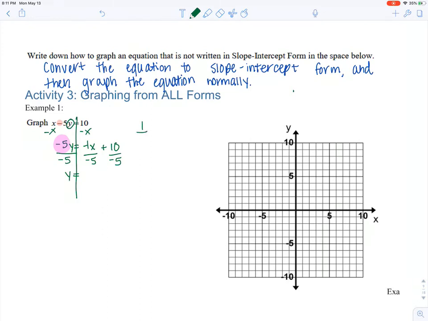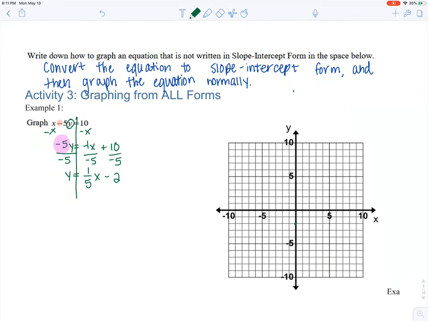So we really are doing -1 divided by -5, which we can see is really +1/5. So our slope is actually +1/5 x. And then our y-intercept is 10 divided by -5, which is really -2. And you can either put plus -2 or put -2, all of those are totally correct.